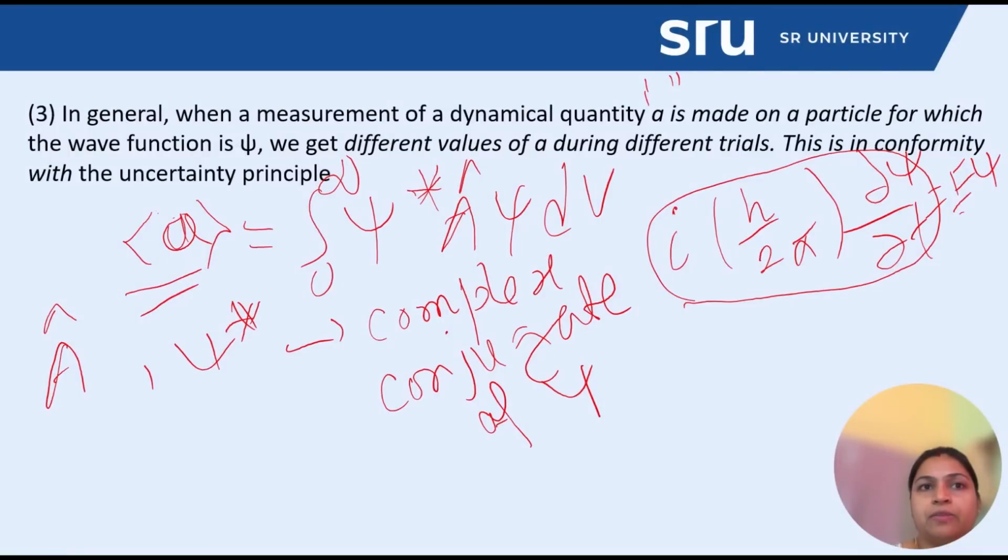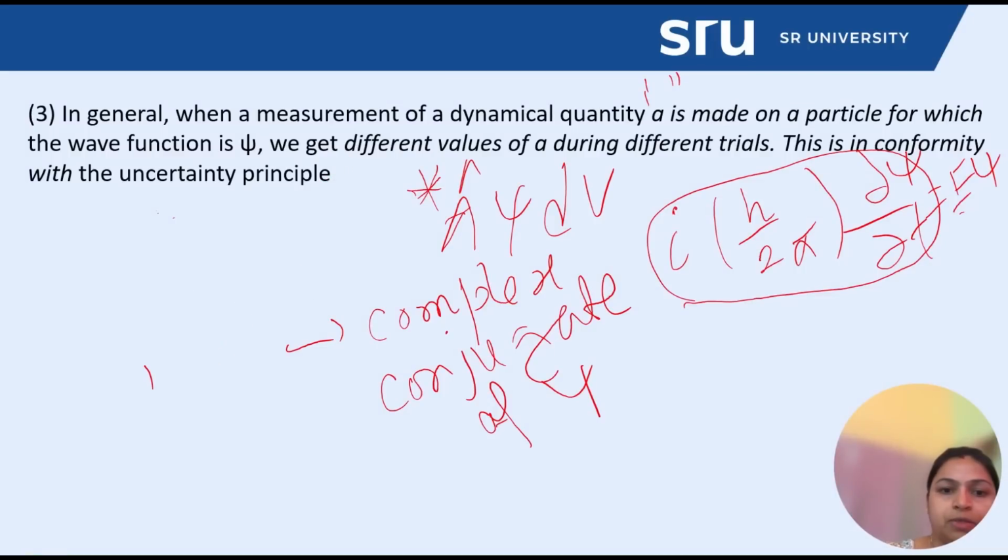The expectation value of momentum and energy may be found using the differential operator.